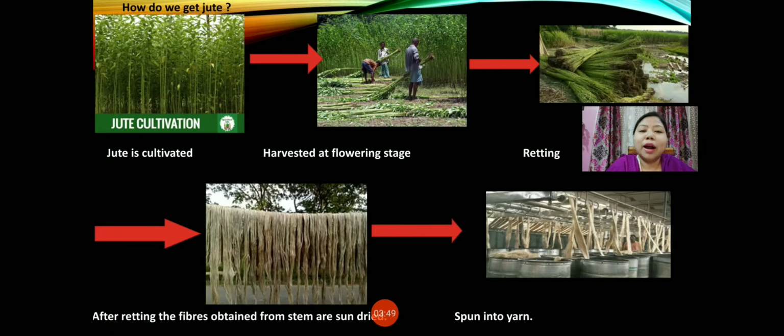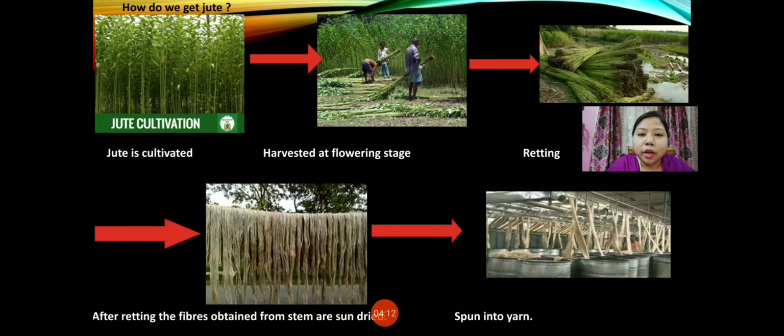Yes, so the harvesting is usually done at the flowering stage. That means when the jute plant bears flowers, the harvesting is done at that stage. Then the stems, after cutting, are immersed in water for a few days so that the stems can rot, and this process is called retting.